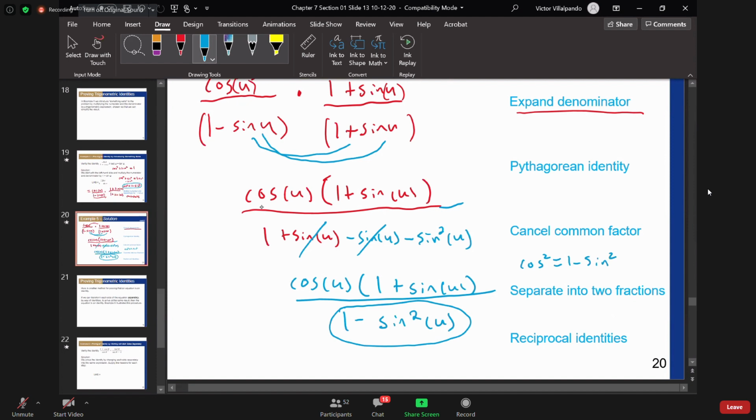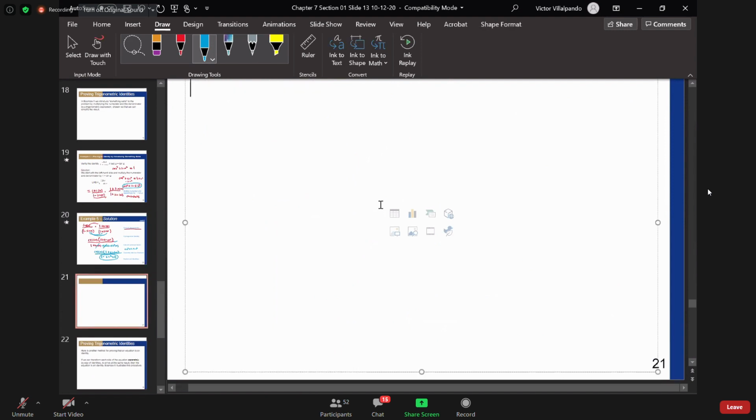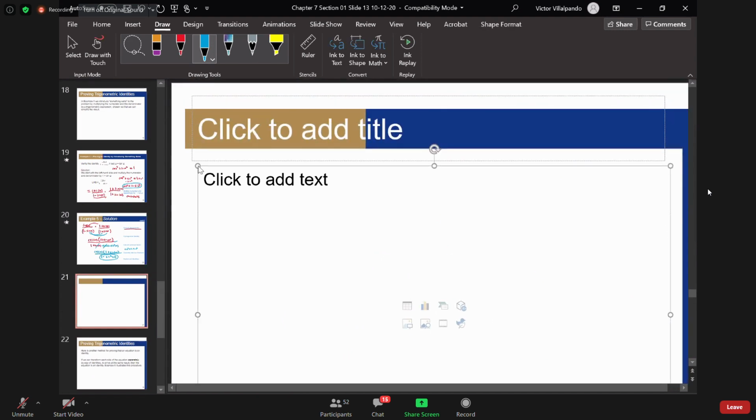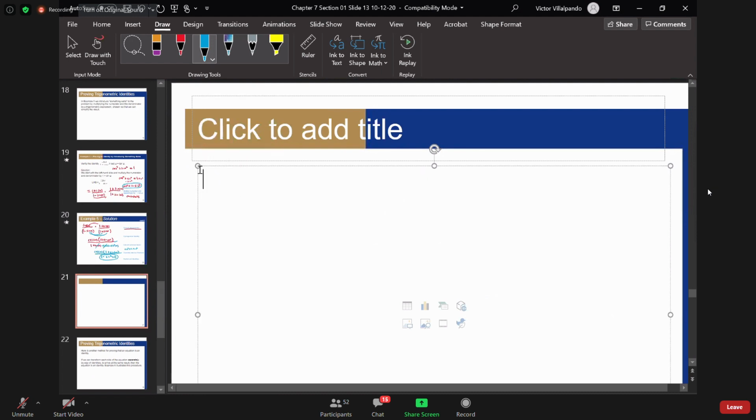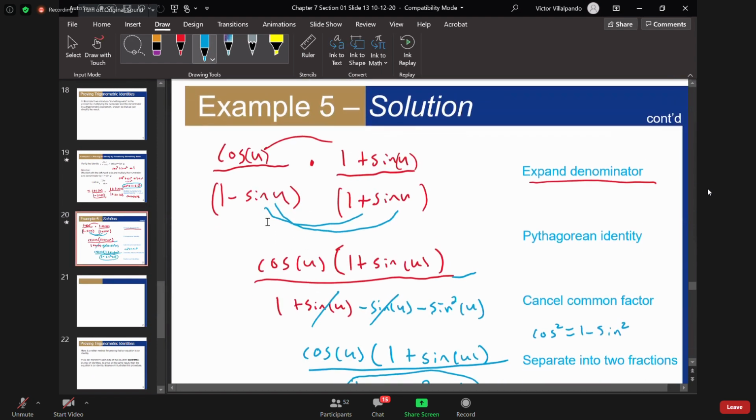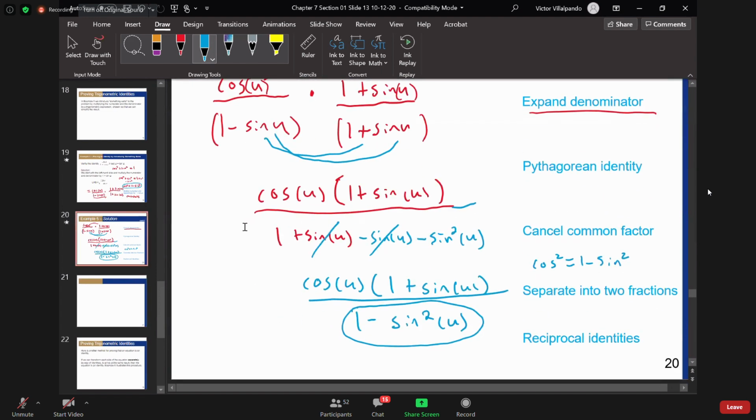All right, so I'm going to make a new slide. And thank you for the heads up on how to delete this box. So we're left with, I'm going to go ahead and change this to cosine squared, if that's okay.